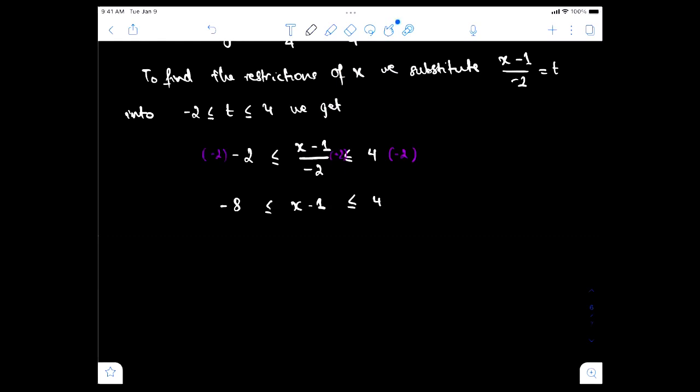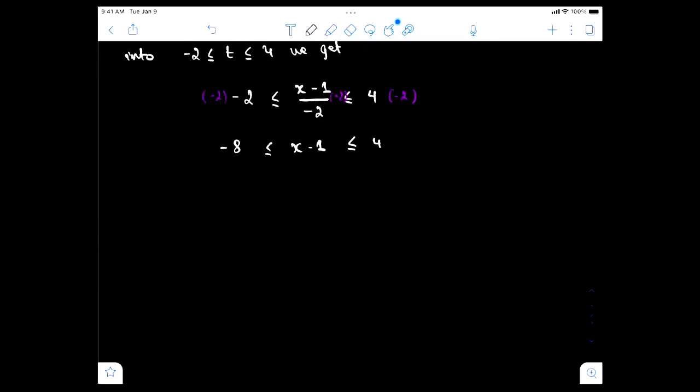Now to get x, you add 1 to every term. So you get -7 less than or equal to x less than or equal to 5. So the x value has to be restricted between -7 and 5.